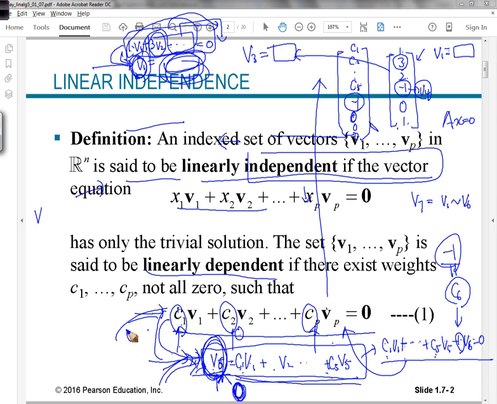We can always find at least one representation when this vector is the zero vector. So this is an interesting relationship. I'm going to say this again: if your set of vectors contains the zero vector, it is linearly dependent from the beginning.